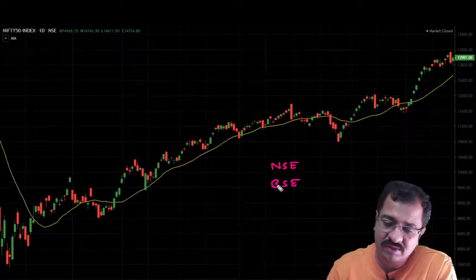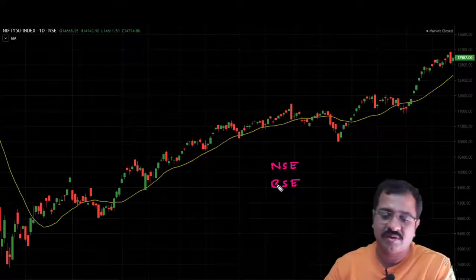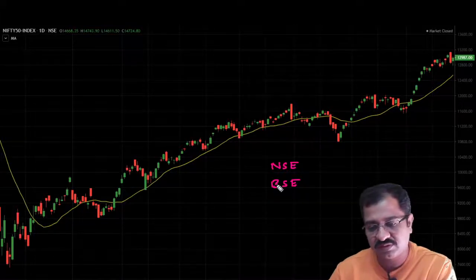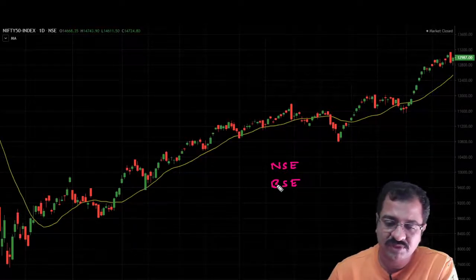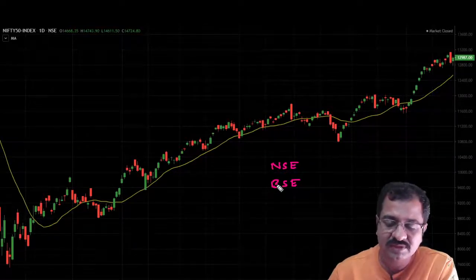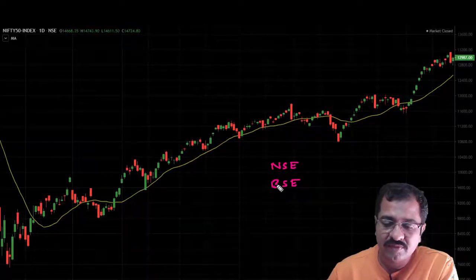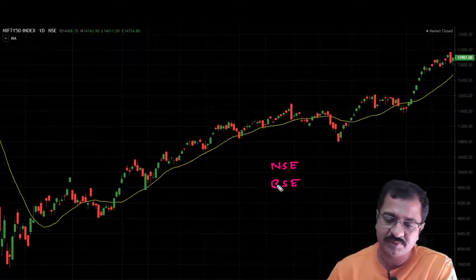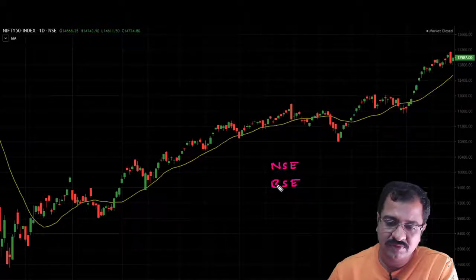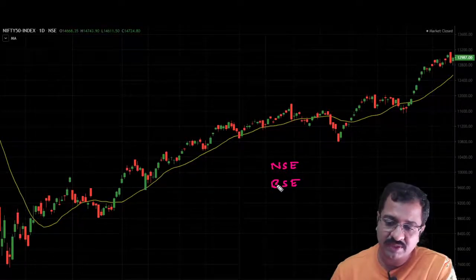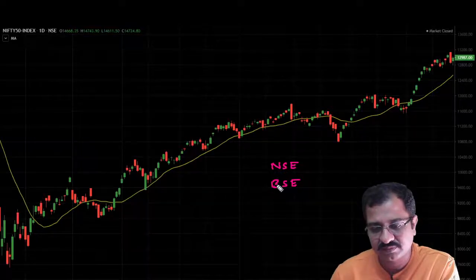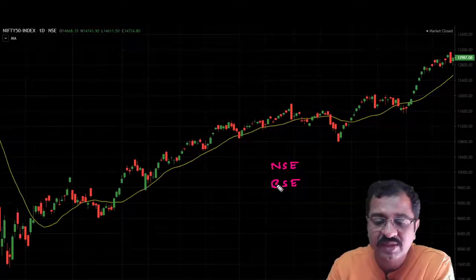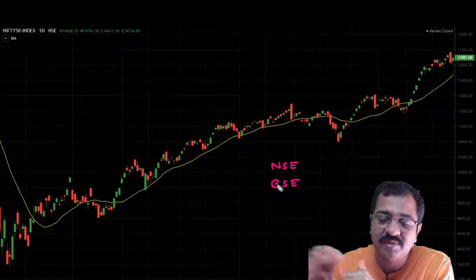Say for one share the price on BSE is 5,000 rupees, and the same share price on NSE is 4,950 rupees. So you can buy it on NSE and immediately sell it on BSE at the same time. In this trade, you get that 50 rupees.